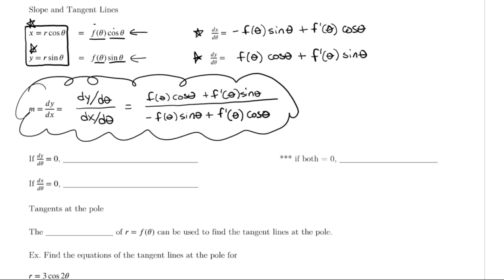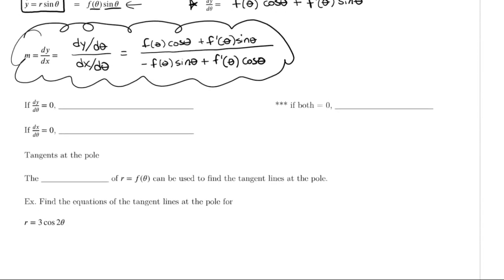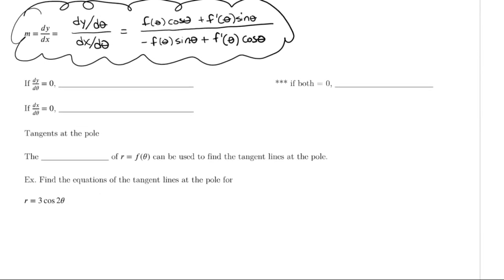All right, so similarly to our parametric stuff, if dy d theta equals 0, we are going to have a horizontal tangent. If you think about that, that would say that our dy dx equals 0. So that would give us our lines with 0 slope.